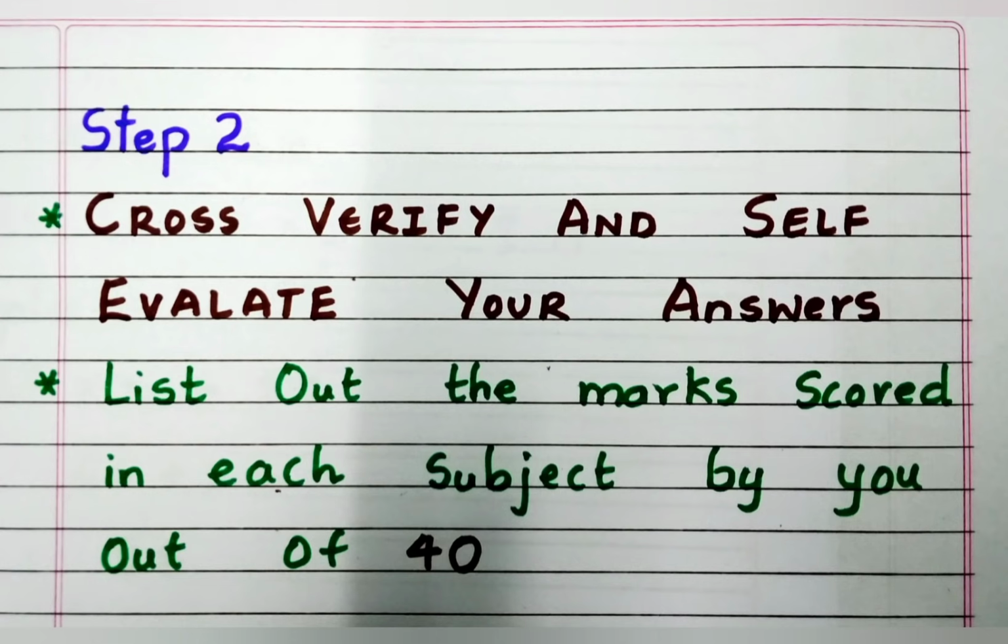Now the step 2: cross verify and self evaluate your answers. Evaluate your answers. For each language and subject, list out the marks scored by you out of 40 marks.